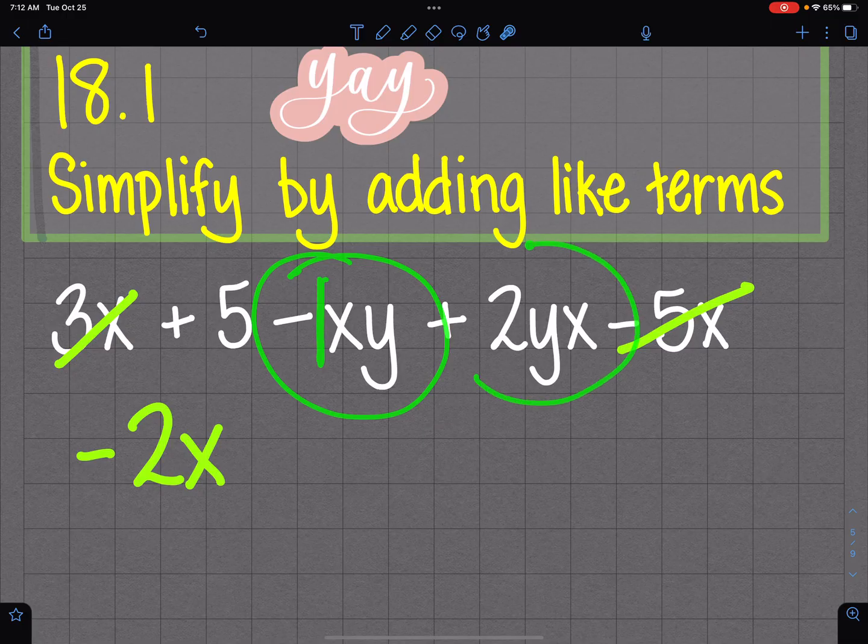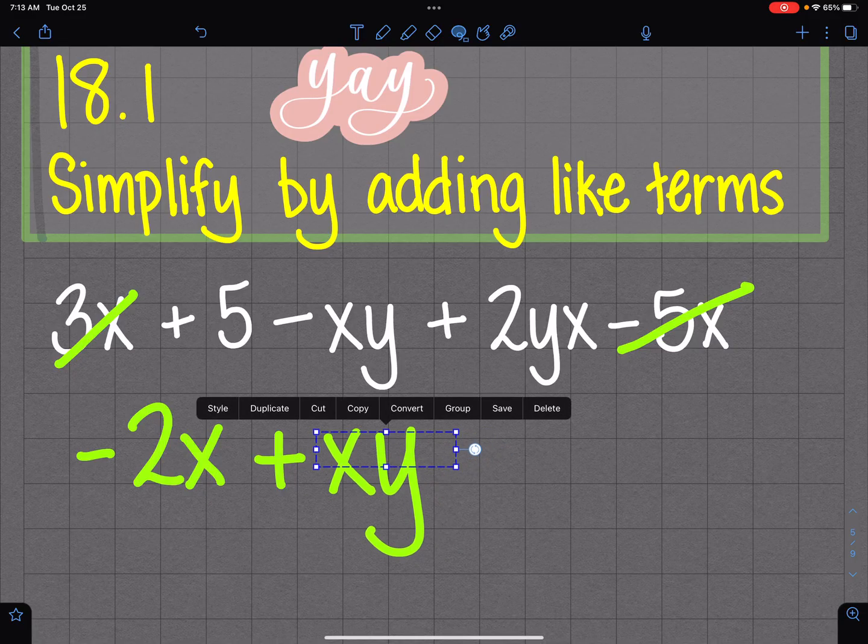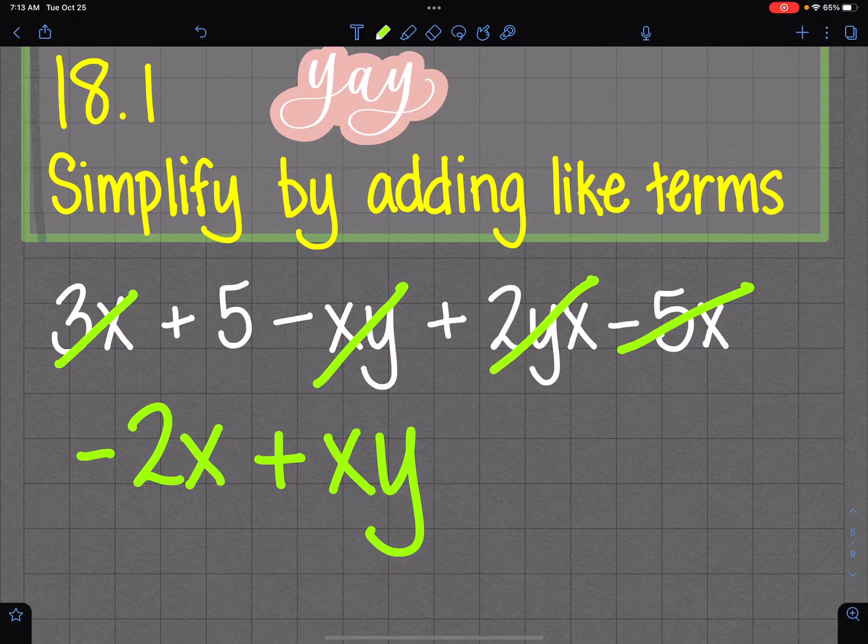So let's algebraically add them. Now I have 2 minus 1, which is just going to be plus 1xy. And since there's a 1 for the numerical coefficient, I really don't need to write it because it's implied. So that's just xy. I'm going to cross those out because I already took care of that.